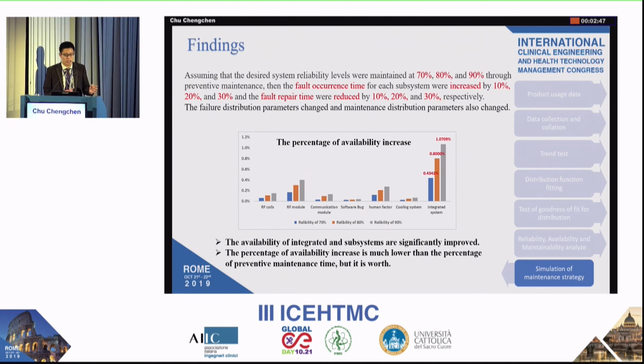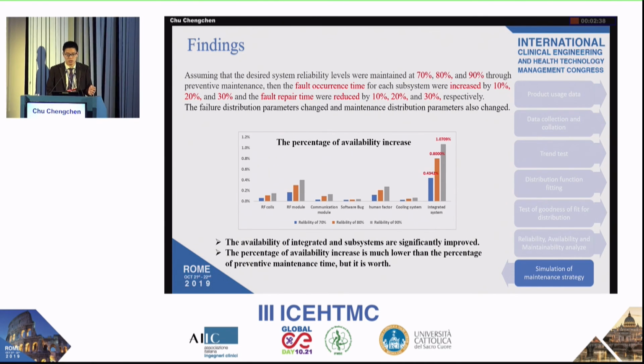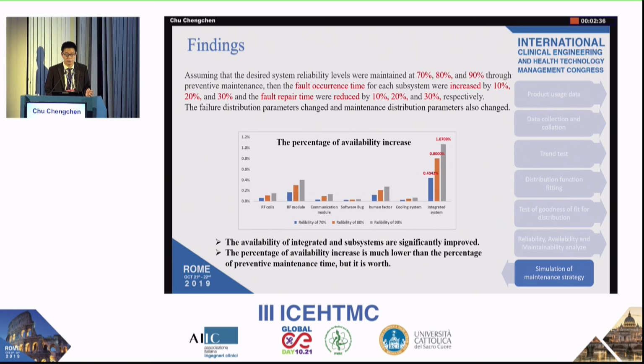Assume that the desired system reliability levels were maintained at 70%, 80%, and 90% through preventive maintenance, and then the fault occurrence time for each system was increased by 10%, 20%, and 30%, and the fault repair time was reduced by 10%, 20%, and 30%.